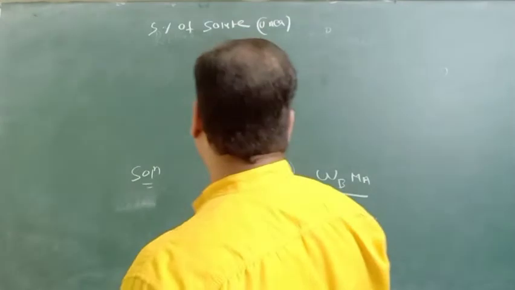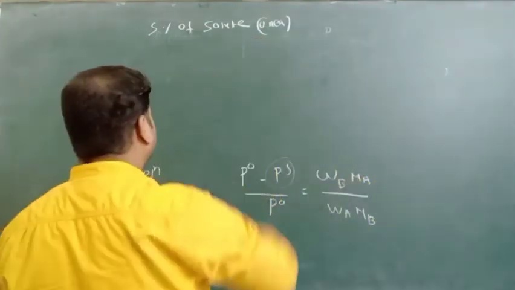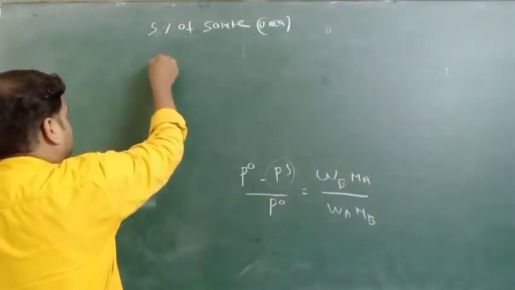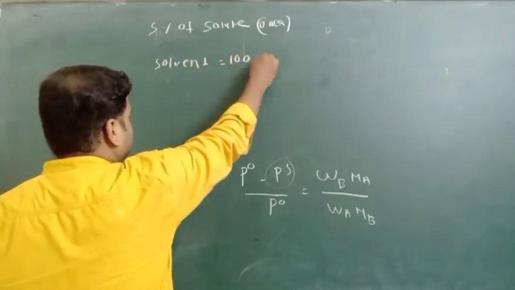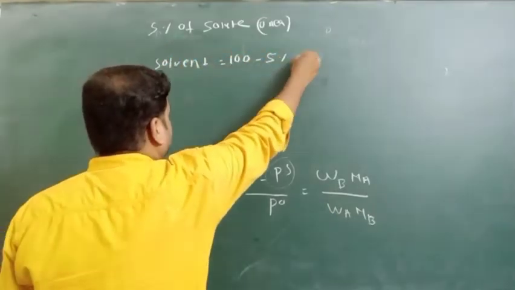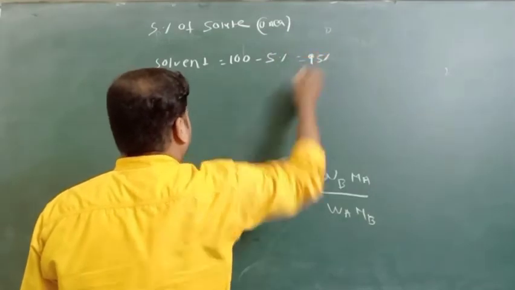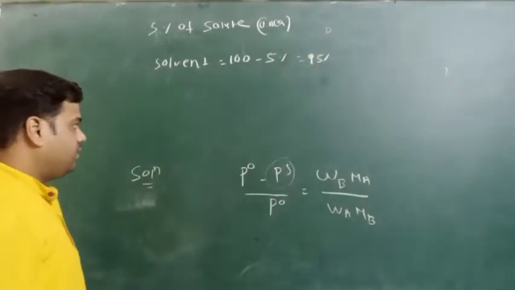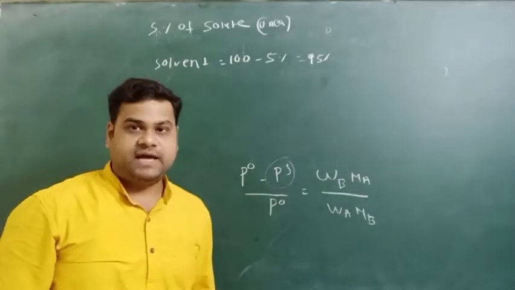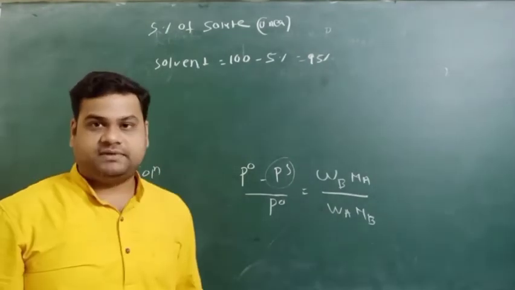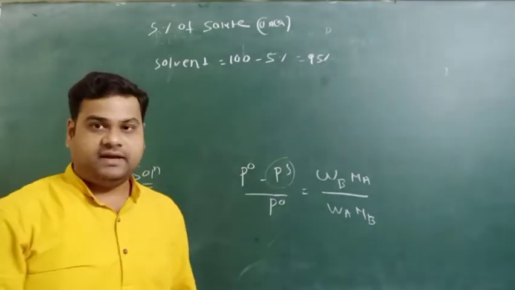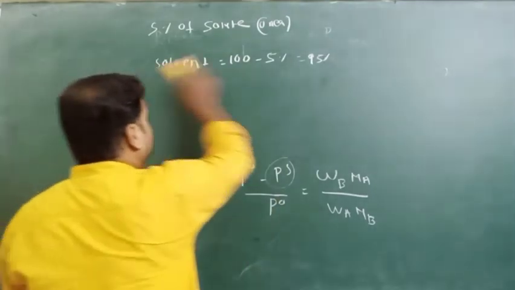The solvent quantity is 100 minus 5 equal to 95%, so the weight of the solute is 5 grams and the weight of the solvent is 95 grams.